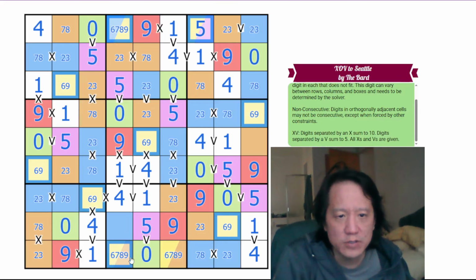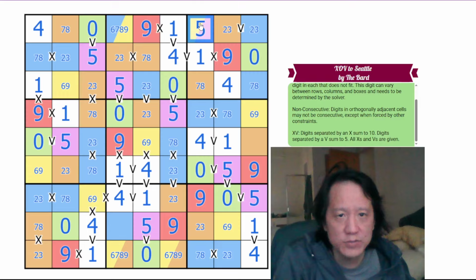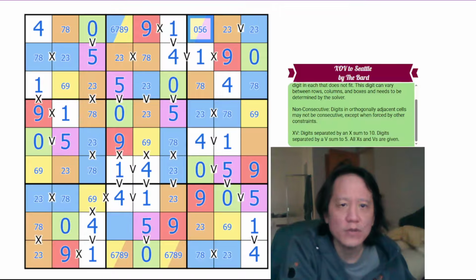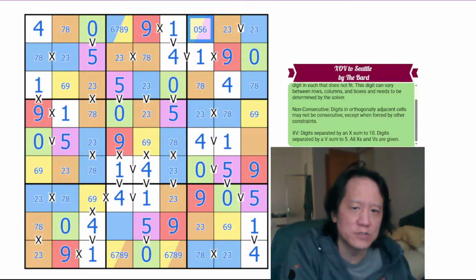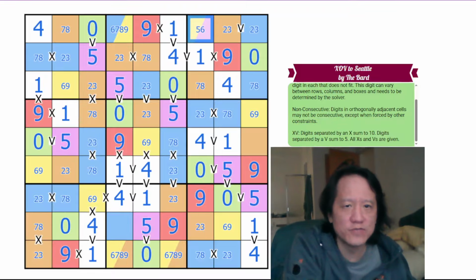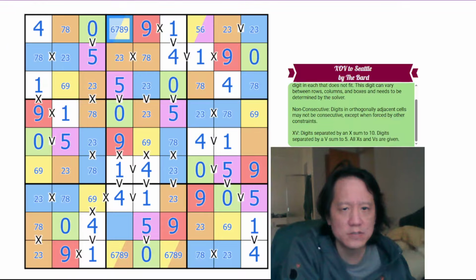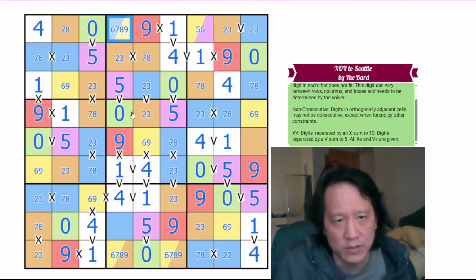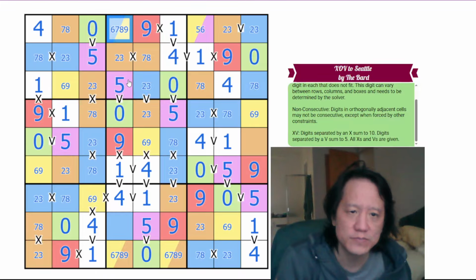Well, we don't know about these. Oh, this one we don't know either. This can't be 9 anymore. So it's either 6 or the pink is 5. So then this is 5 or 6.